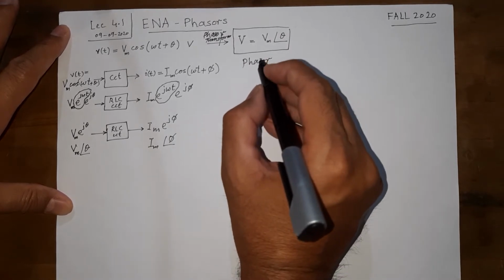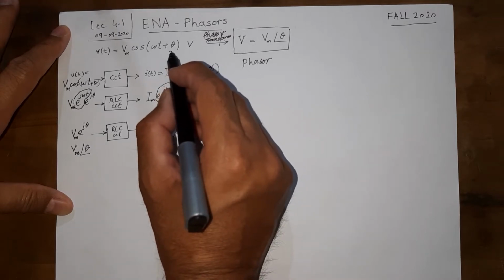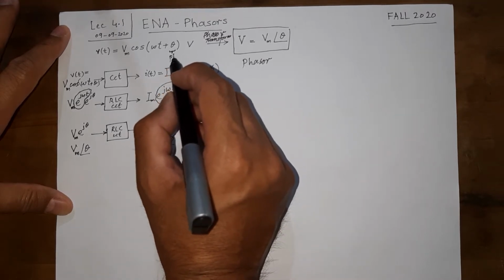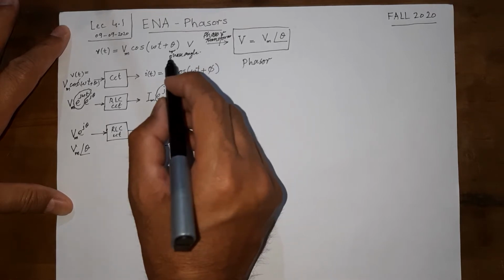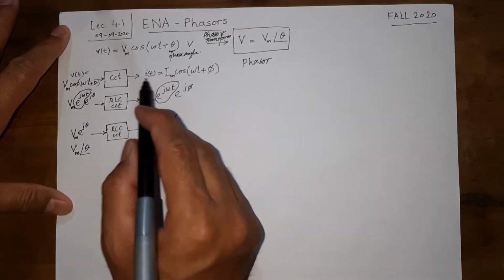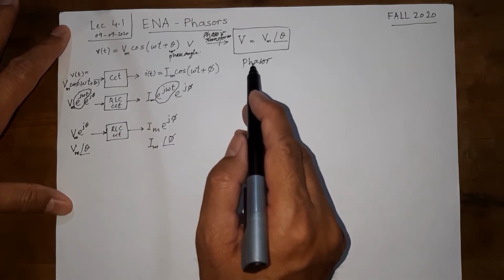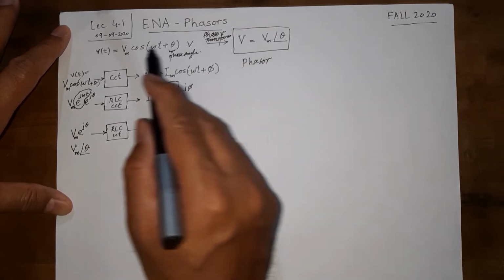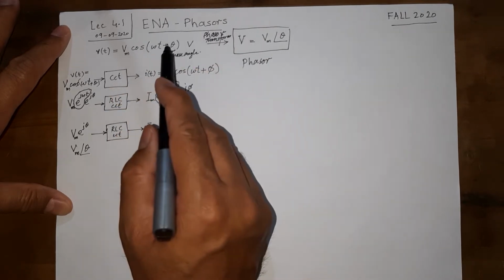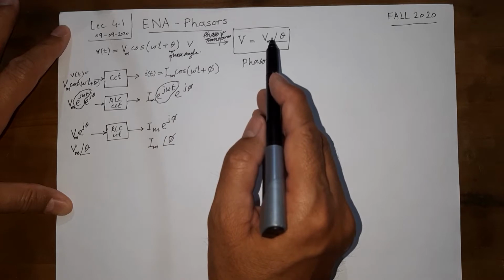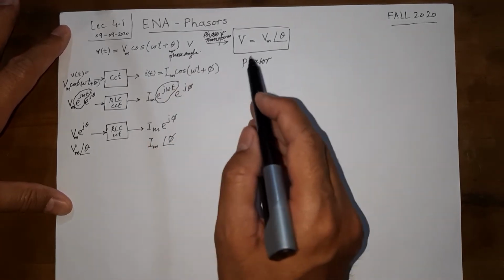Perhaps the word phasor is derived from phase angle, and the importance of phase angle in understanding these sinusoidal behaviors, that this term phasor is being used. So this equivalent of a sinusoid is a phasor, and the conversion is a phasor transform.